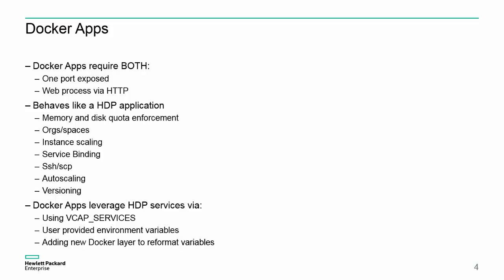Now, all cloud-native applications require services to manage their state, and there is no difference using Docker containers in the Helion development platform. When you bind a service into your application, you can leverage these services by using either the VCAP services that you can find in the environment variables, as well as user-provided environment variables.